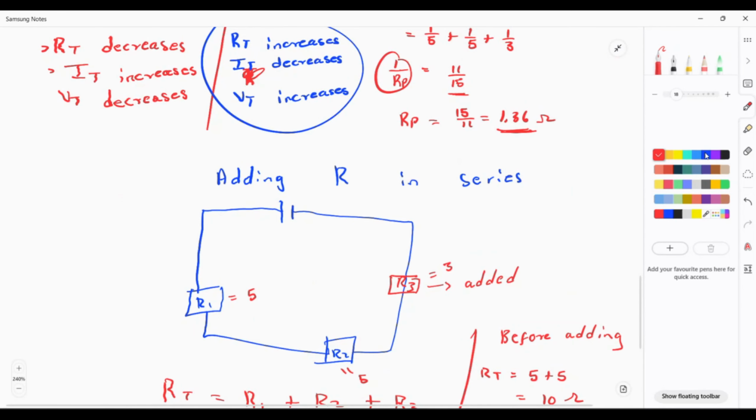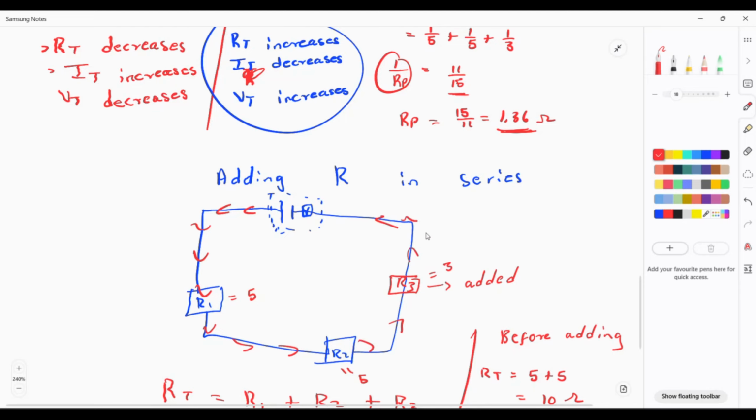Let me add it over here. You have your internal resistance inside your battery, something like that. What you need to identify is that you're going to have your current moving throughout your circuit like that.